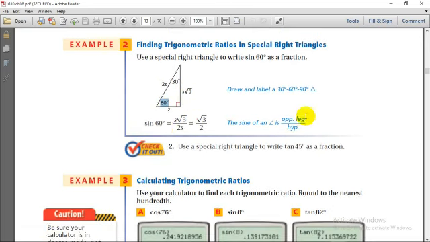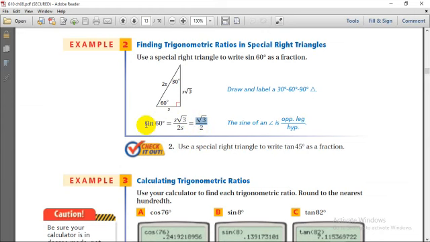Very good. Now sine 60 is square root 3 over 2. You will study it like this and use it without a calculator. You must save it in your mind. Sine 60 means square root 3 over 2. Why?